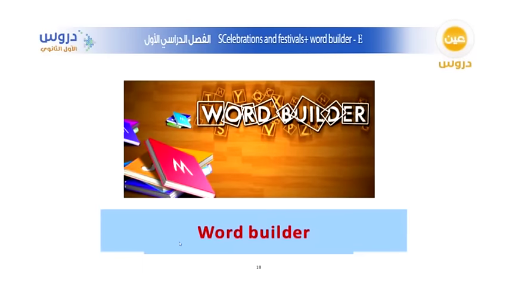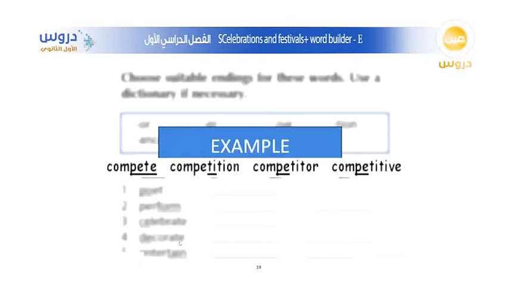Isn't it? That's good. Now we're moving to the word builder, where you could build words. Do you like word building? All right. Now, look at this example here. You've got the word compete. This is a verb, to compete. Competition, that's a noun.